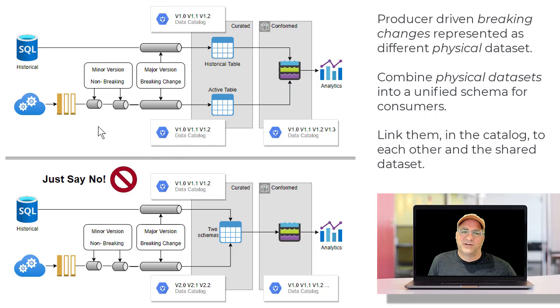Over time, that data could change. If we change it in a minor, non-breaking way, that's cool. We'll end up with a data catalog entry that shows the different versions over time, and when you query, you can look at the catalog and see what versions you have. Then that gets transformed into a queryable format, from producer format to consumer format, and we're good to go.